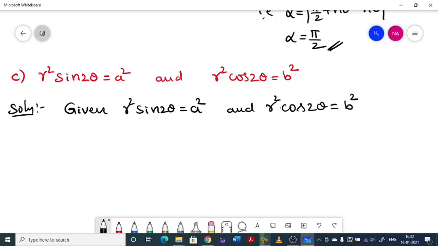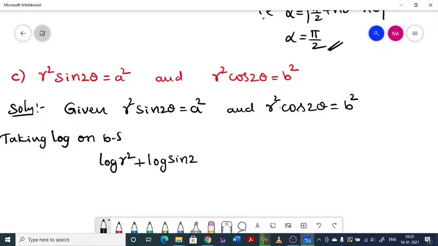Now taking log on both sides, you get log r square plus log sin 2 theta equal to log a square.